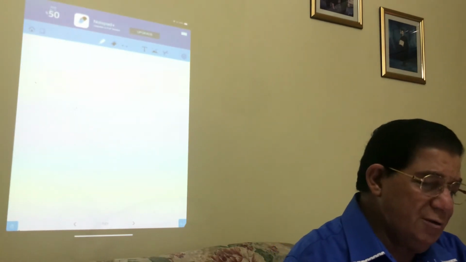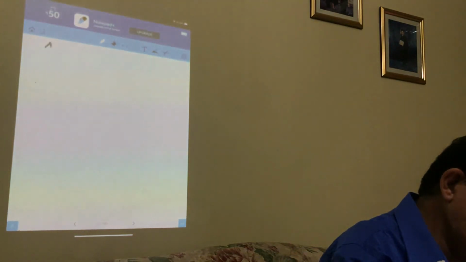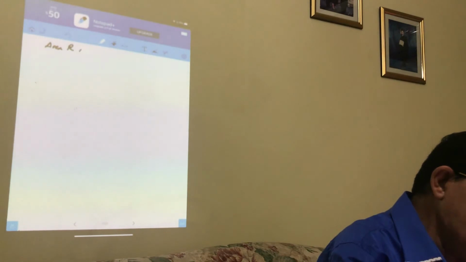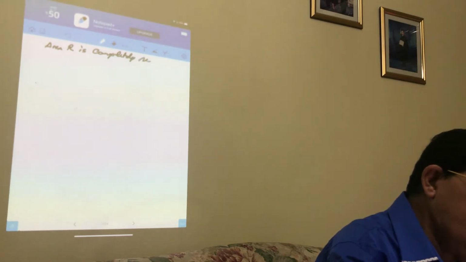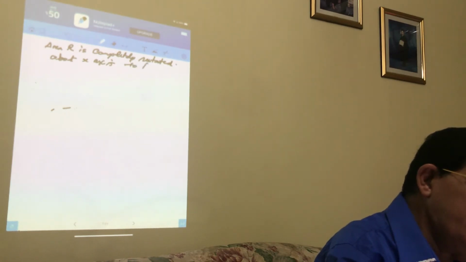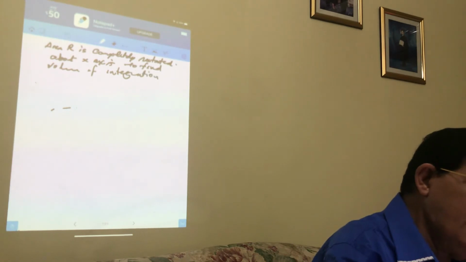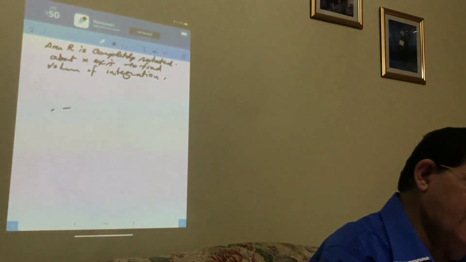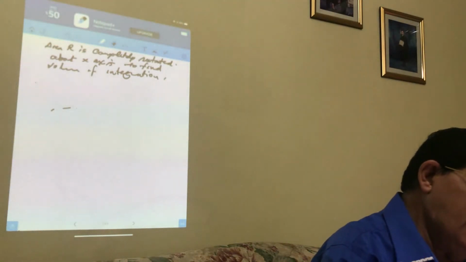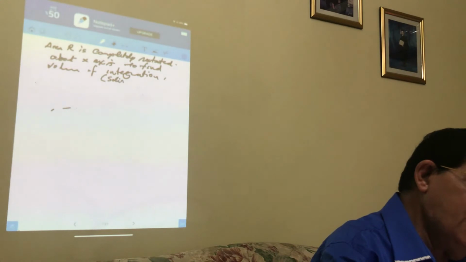Now we are asked that the area R is completely rotated about the x-axis to find the volume of the solid of revolution.